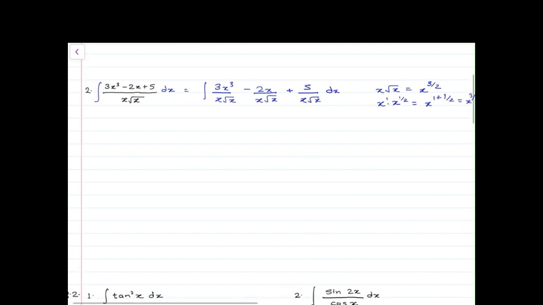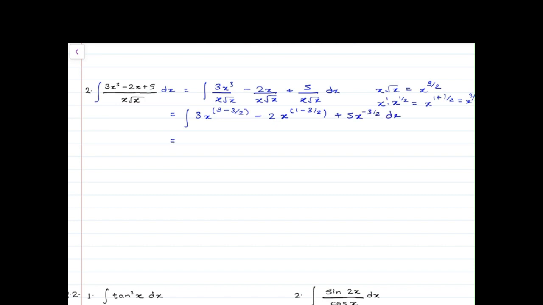Now you need to again use the rules of indices. Here we have x in the whole term. From the top we have x cube, so x raised to 3, and at the bottom it's x to the 3 by 2, and it's in division. So by rules of indices we'll get 3x to the power of 3 minus 3 by 2. Same here, minus 2, x raised to 1 minus 3 by 2, and here we have plus 5 x raised to minus 3 by 2, dx.